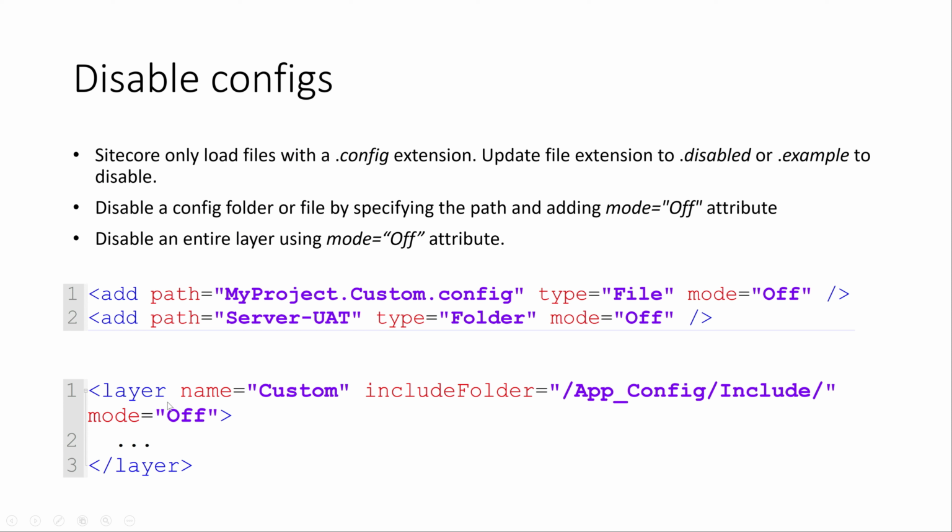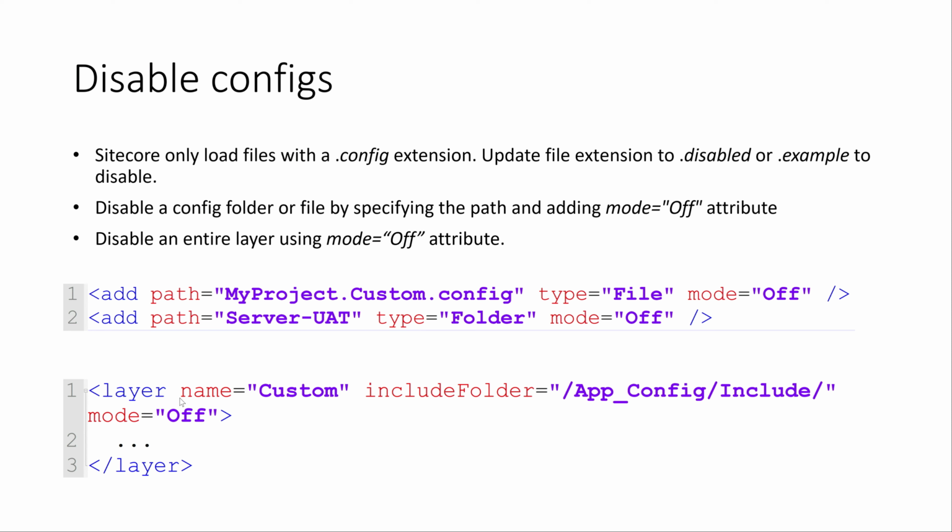If you want to disable an entire layer, we just spoke about layers, right? We have Sitecore, modules, custom and environment. Maybe we want to try something and see the configurations, or just imagine we are troubleshooting some issue. We are not sure whether it is caused by our custom configurations or maybe by the Sitecore default configuration.